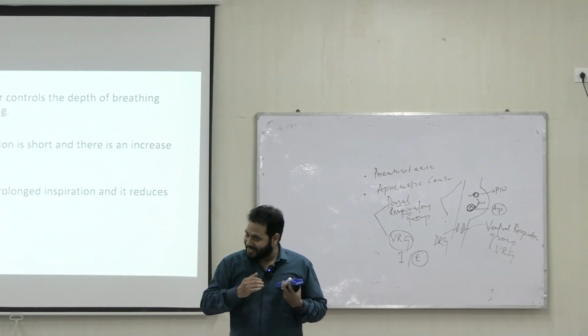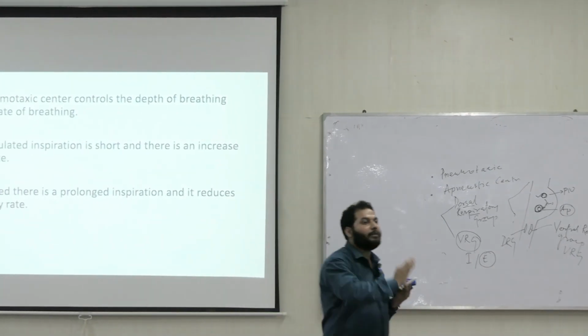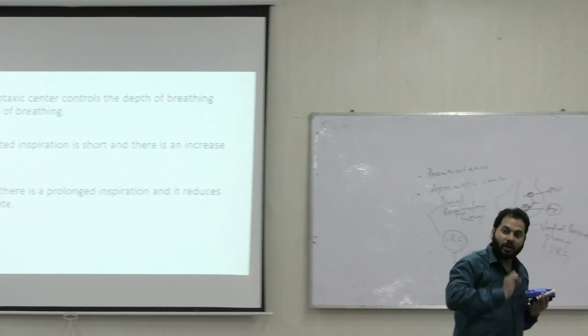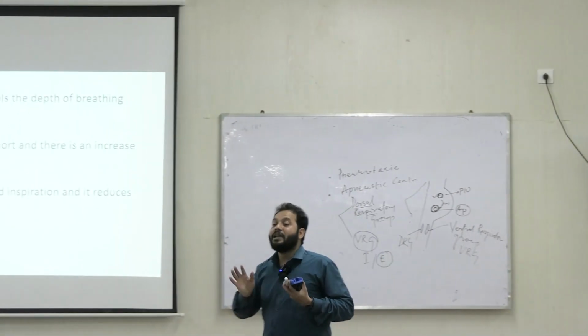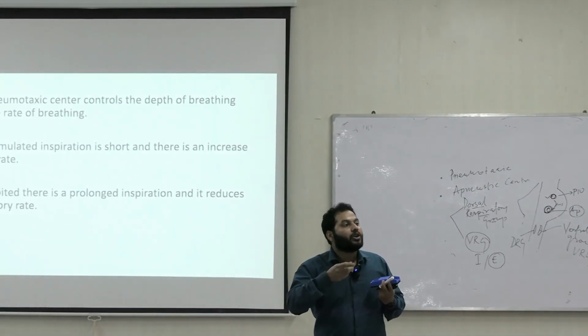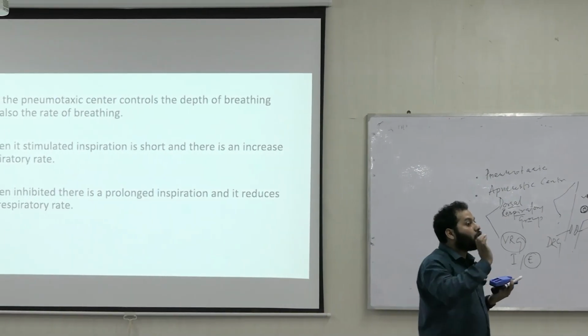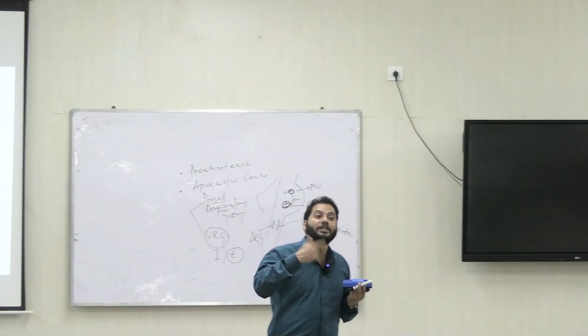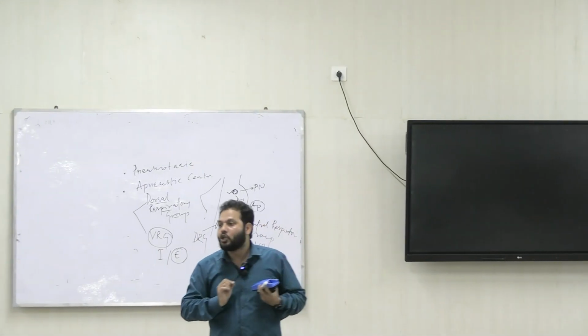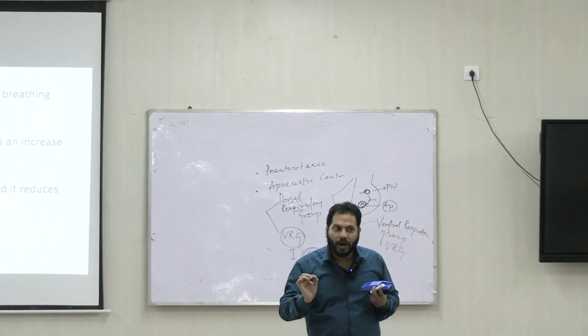It is an apneustic state that can be regulated by the action of the pneumotaxic center. So what is the role of the pneumotaxic center here? It sends negative stimuli to the apneustic center to regulate the activity of the inspiratory area present in the dorsal respiratory group, right?